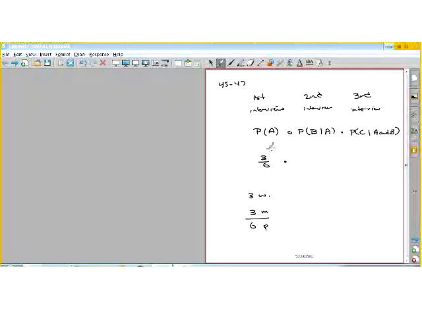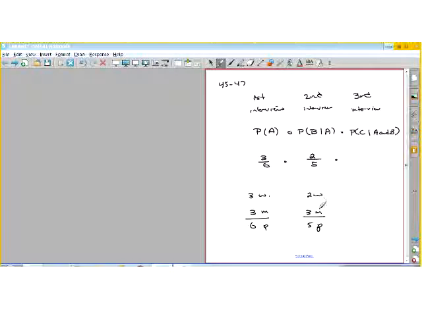Okay, so now if A is true, then what's the probability of B happening? Well, B is another woman. So at this point, if this is true, then we have 2 women, 3 men, and 5 people. So the probability of picking a woman in this case is 2 divided by 5. 2 women out of 5 people.